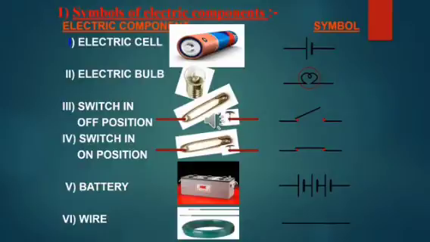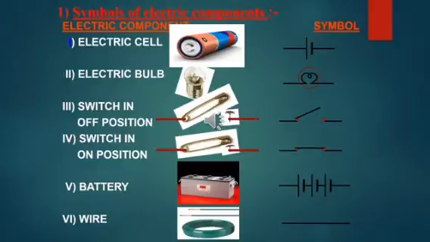Now children, I hope all of you can recall the lesson that was taught to you in 6th standard on electricity. When you were taught this lesson, you were given a few components and you were asked to make an electric circuit of your own.